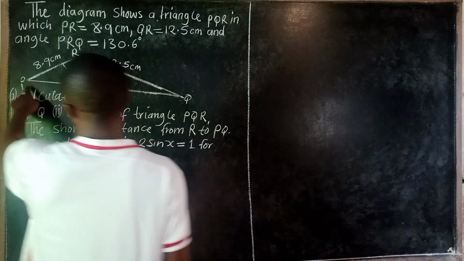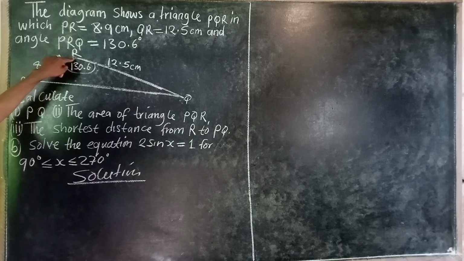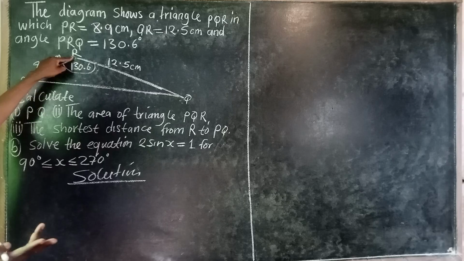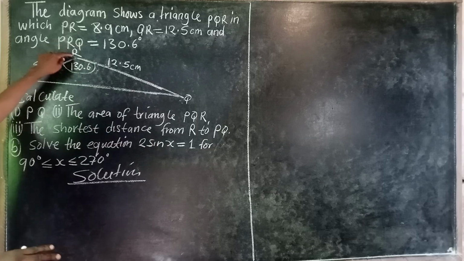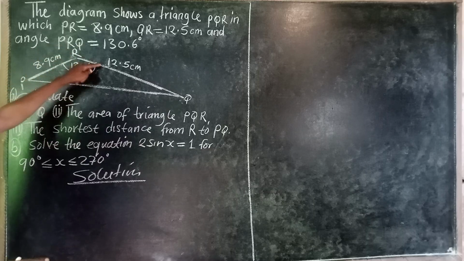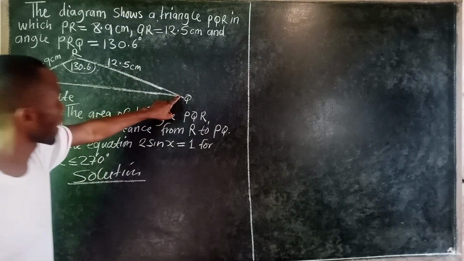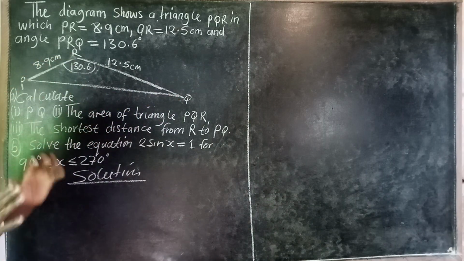The way we name sides and angles, the capital letter always represents the angle, and the small letter represents the side. So here we have big R, the capital letter, and it is representing this angle. The side which is opposite to this is this side, so it is going to be named as the small r.